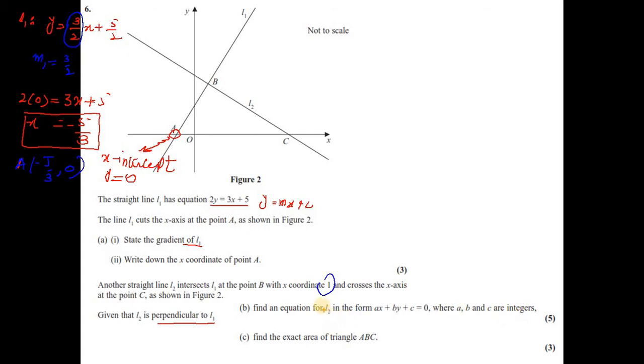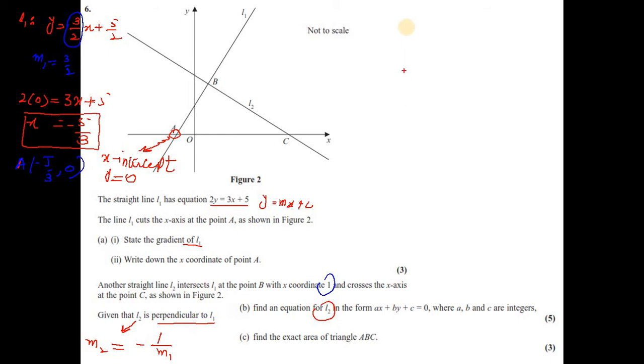We need to find the equation of L2, and remember L2 is perpendicular to L1. If two lines are perpendicular, the second slope m2 is the reciprocal of the first slope with a change of sign. Whatever the sign of the first gradient is, we just change the sign.